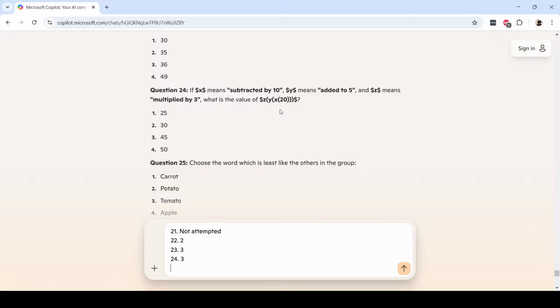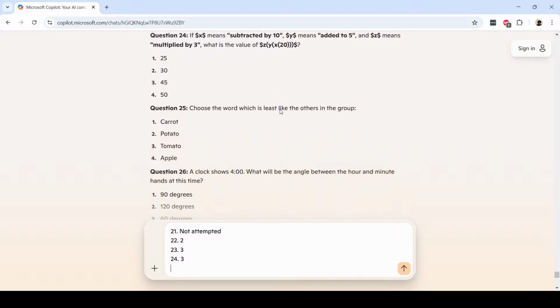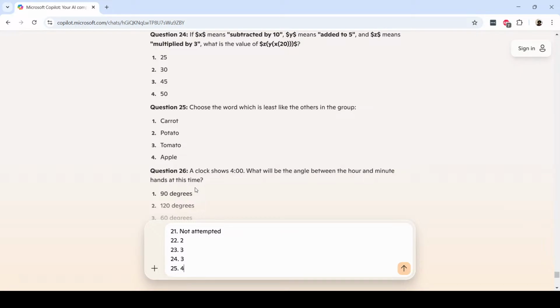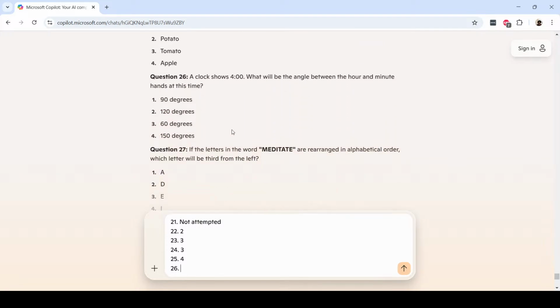So yeah, choose the word which is least like the others in the group. Carrot, potato, tomato, apple. Apple. Not apple as a phone, but apple is a fruit. Yeah. A clock shows 4. What will be the angle between the hour and minute hands at that time?